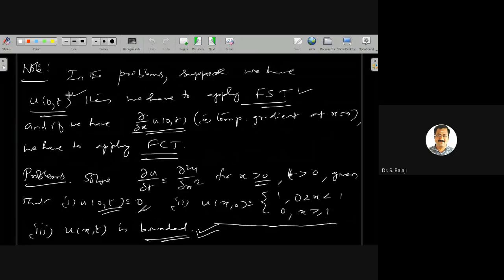Note, write a note here. In the problems, suppose we have u of 0 comma t, we have to apply the Fourier sine transform.